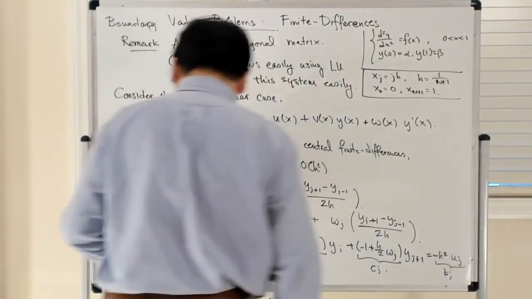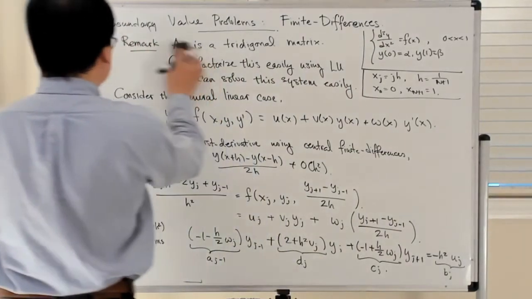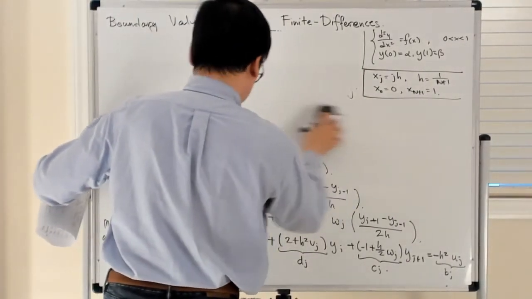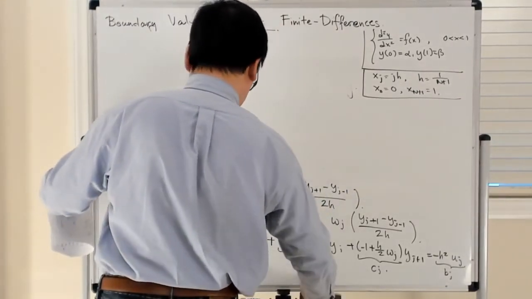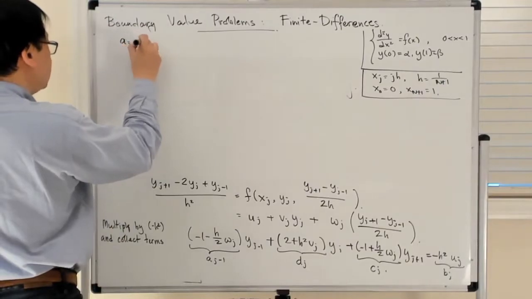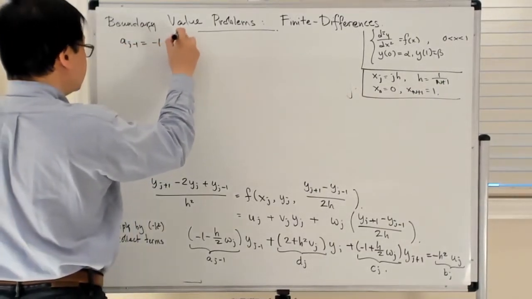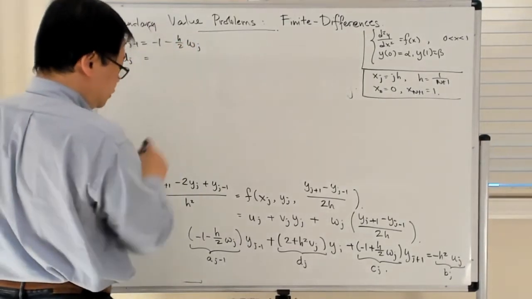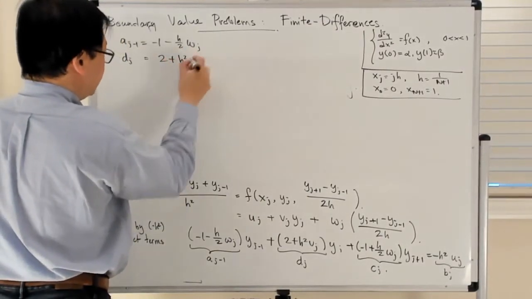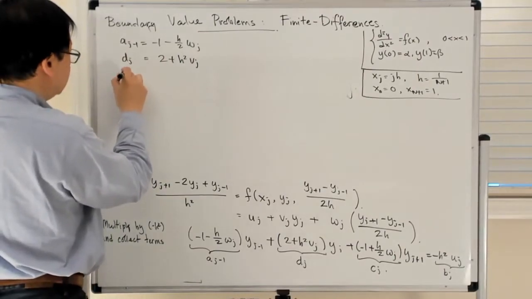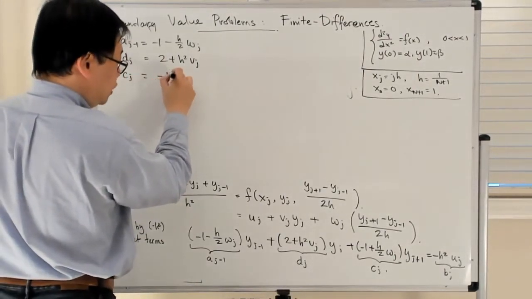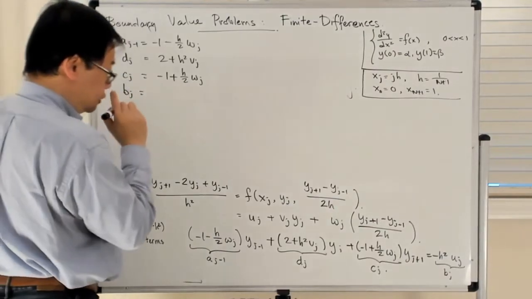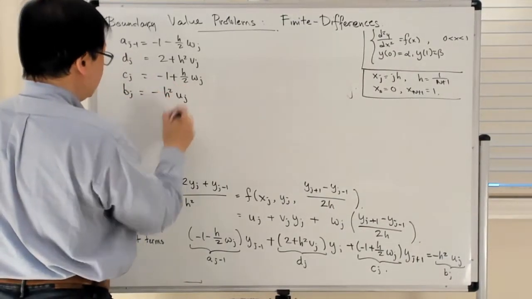So let's write that down. aj minus 1 is equal to minus 1 minus h over 2 wj. dj is equal to 2 plus h squared vj. cj is equal to minus 1 plus h over 2 wj. And bj is equal to minus h squared uj.